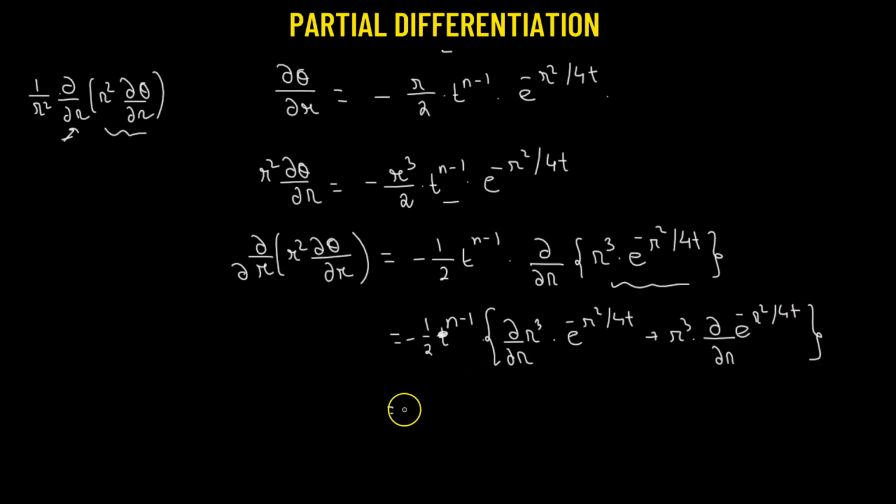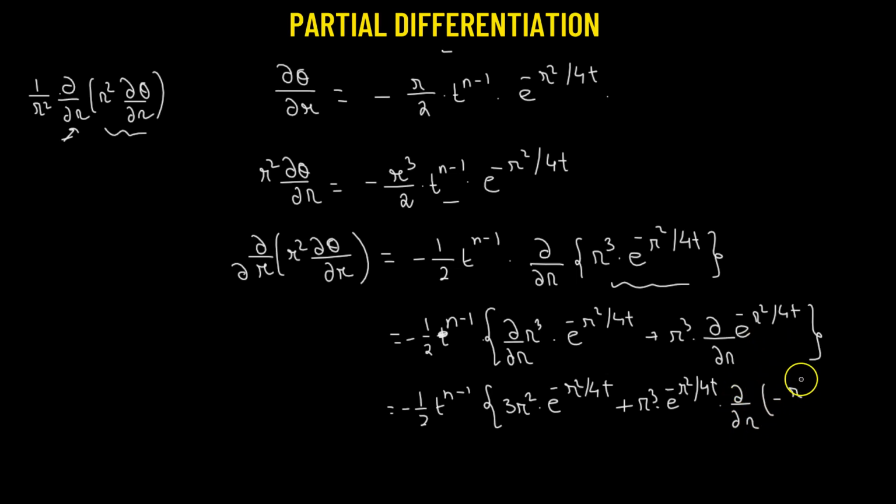So this gives us negative half times t raised to the power of n minus 1. The partial of r cubed with respect to r is simply 3r squared, times e raised to the power of negative r squared over 4t, plus r cubed multiplied by the derivative of the exponential function, which is the function itself. So we have e raised to the power of negative r squared over 4t, but we'll also need to apply the chain rule, so we multiply it by the partial with respect to r of negative r squared over 4t.